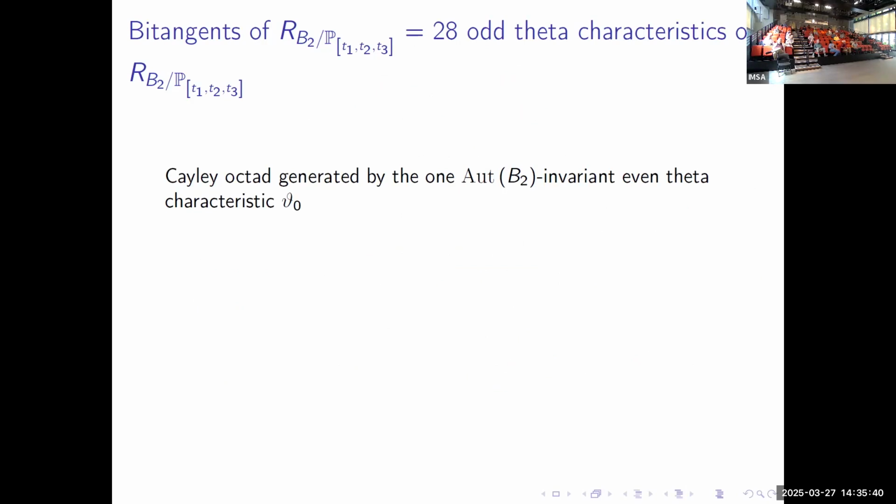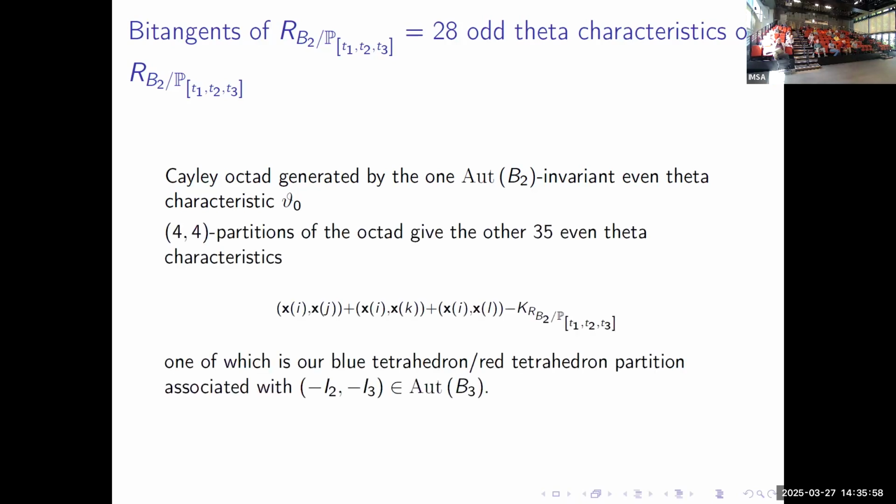So the bitangents 28, fine. Cayley octad generated by 1 even theta characteristic that is invariant under the automorphism group. 4 partitions of the 8 points are the other 35 even theta characteristics.